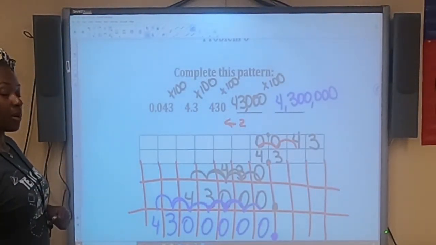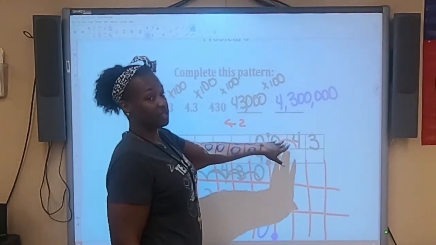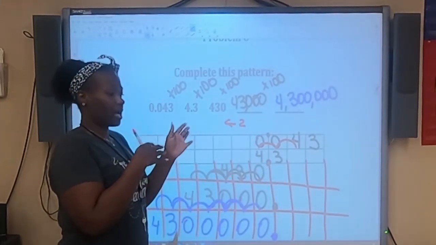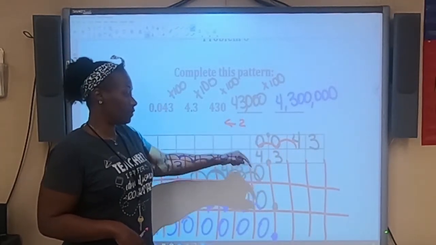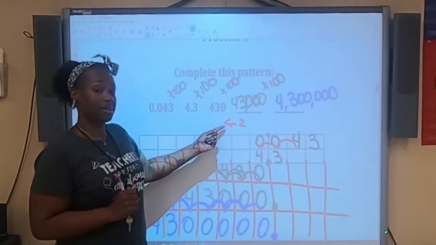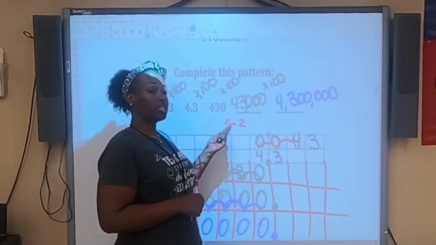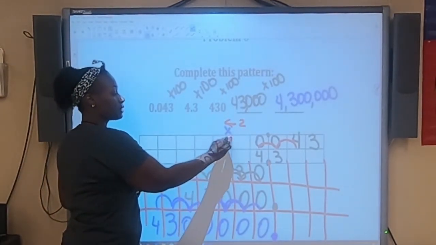Okay, so we found our pattern. First thing I did was put my first number in my place value chart, put my second number in there, and I figured out, did I shift to the right or did I shift to the left? Well, I noticed my digits shifted to the left. Then I said, how many times did they shift? Well, they shifted 1, 2. So if my pattern is going left 2 times, we already learned that left is times.